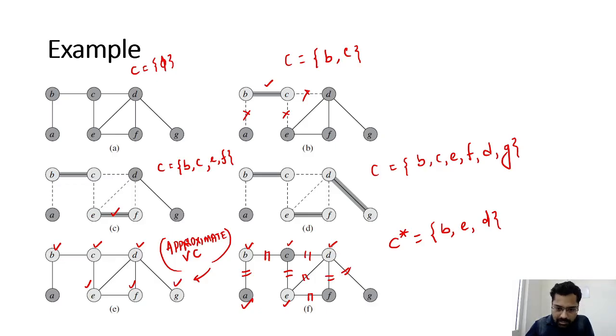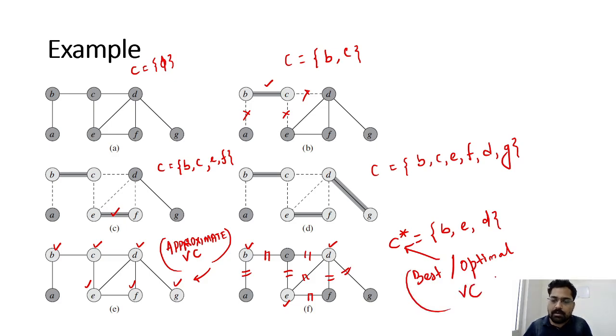If I'm keeping D, D will cover this one, but this edge must be covered by at least one vertex. That's why the problem will arise. For the optimal one, what should be the best answer? This is our best one, the optimal value of vertex cover, which is B, E, D only.